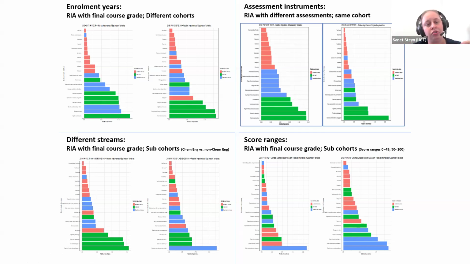But when we moved to the point closer to the difference between a pass and a fail, students, the relative importance showed that the literacy areas, the literacy subdomains, suddenly popped out as being more important.